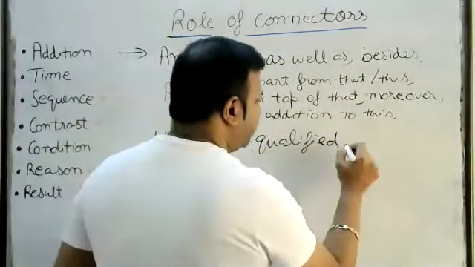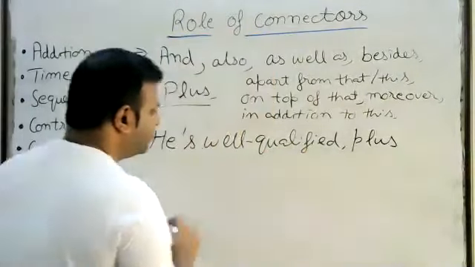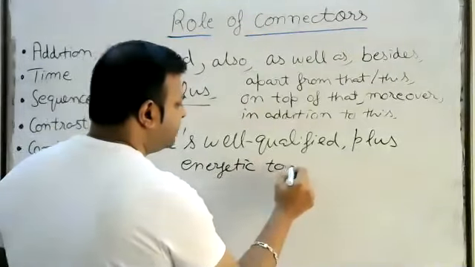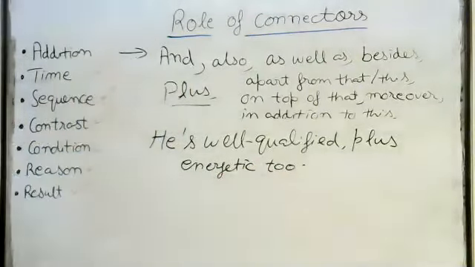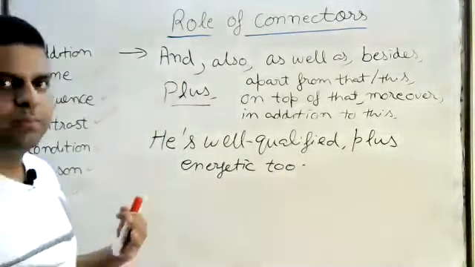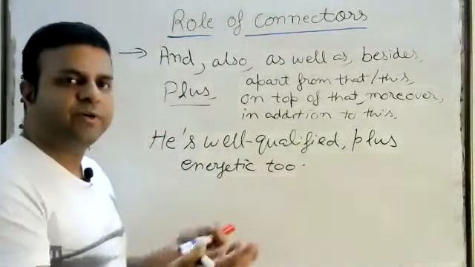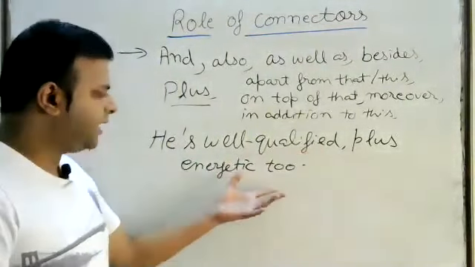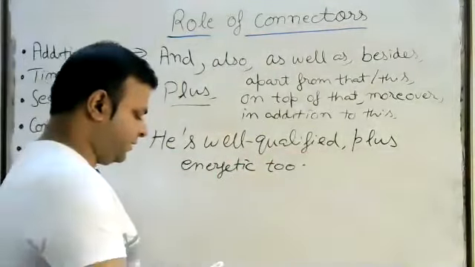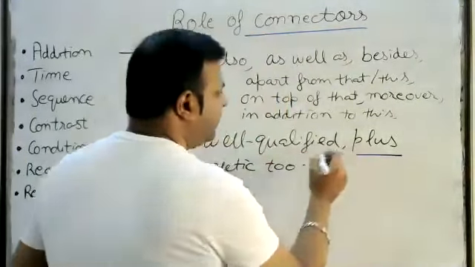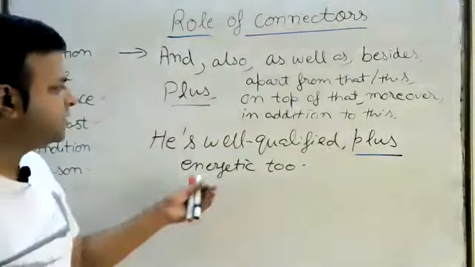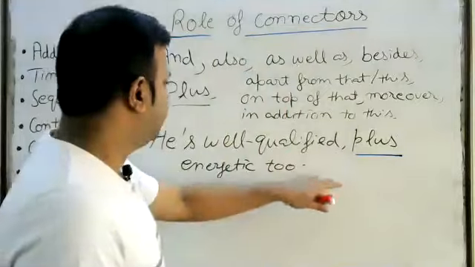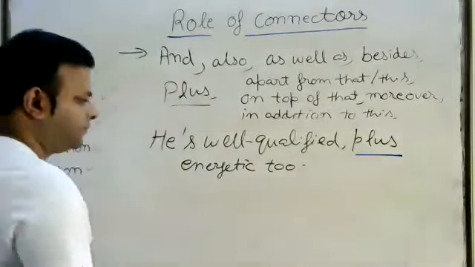He's well qualified, plus energetic too, right? So we are talking about his work, right? What kind of effort the person is putting? So he's well qualified plus energetic too. So that plus is what we are putting as a connector. So he's well qualified plus energetic too. Okay. So this is how we can use this connector.